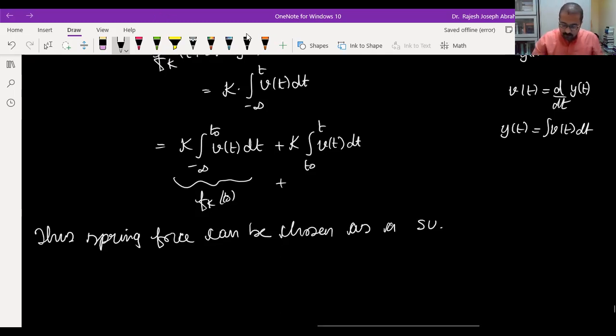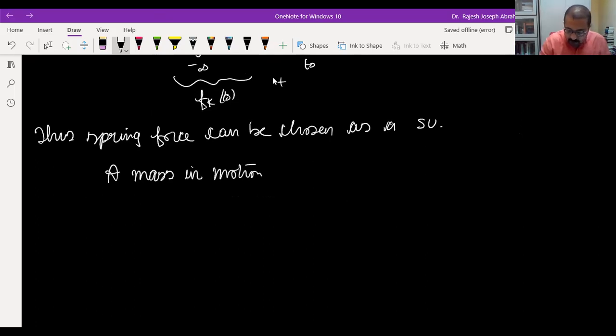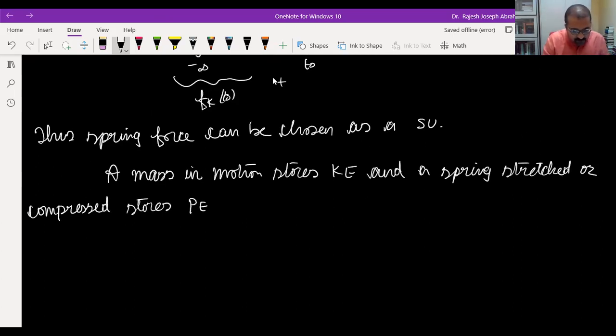Clear? So let me note that point here. A mass in motion stores kinetic energy, and a spring stretched or compressed stores potential energy.